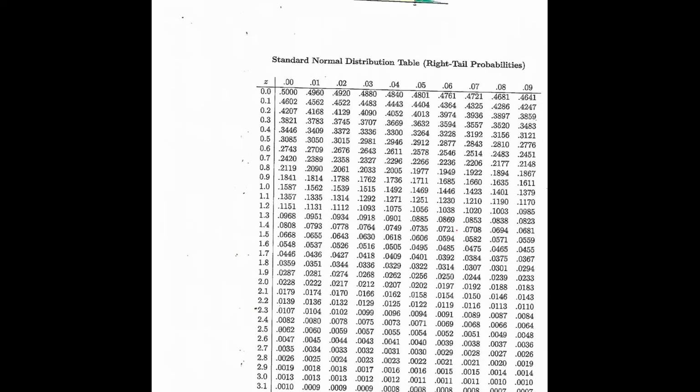All right, so now let's go back to the question. We have established that it is 2.57, isn't it? 2.57, that's our critical value for the confidence interval.